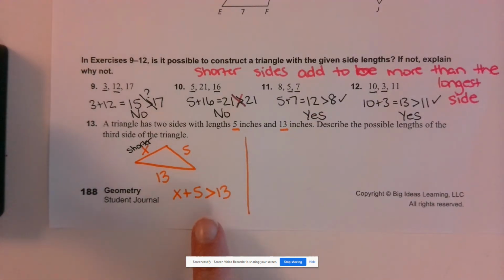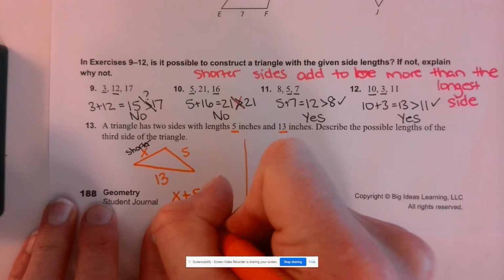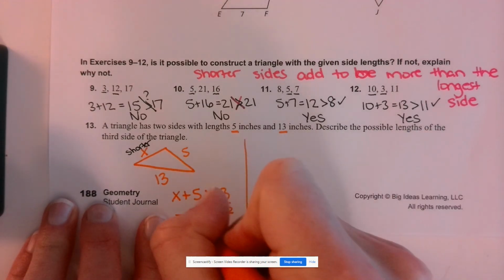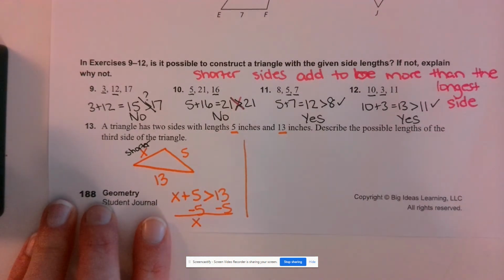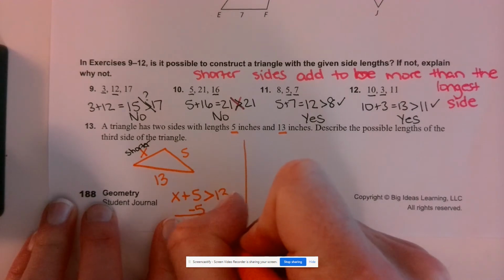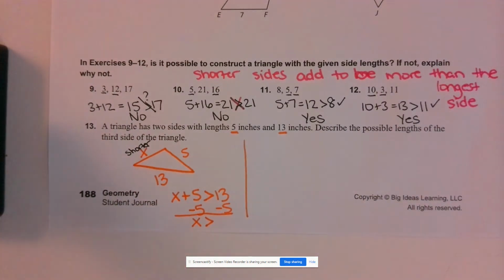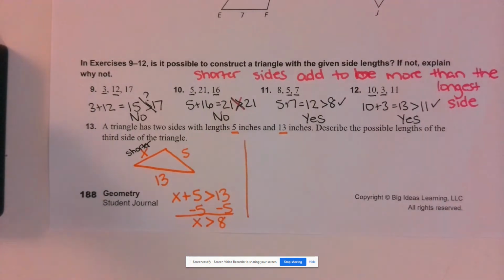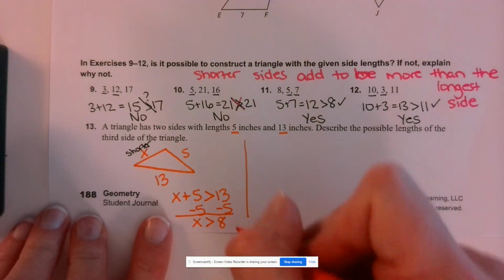So this inequality has to be true: X plus 5 would have to be greater than 13 if the third side is one of the shorter two sides. I'm going to solve this inequality. To get X by itself, I'm going to subtract 5 from both sides. This tells me if X is one of the shorter two sides, X must be greater than 8. If it's not greater than 8, it could not form a triangle.